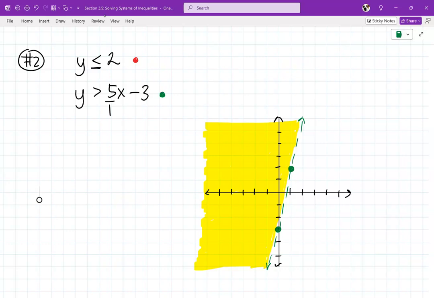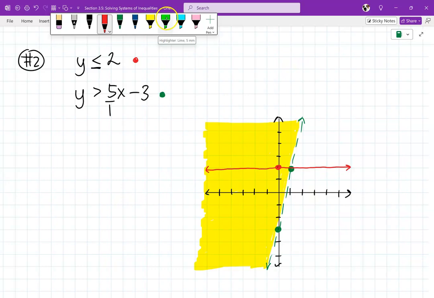Okay? So I'm going to go to 2 on the y-axis, so right here. And then I'm going to draw a flat line. Now it's going to be a flat solid line. Now it says less than or equal to. So should I highlight above it or below it? Below it.